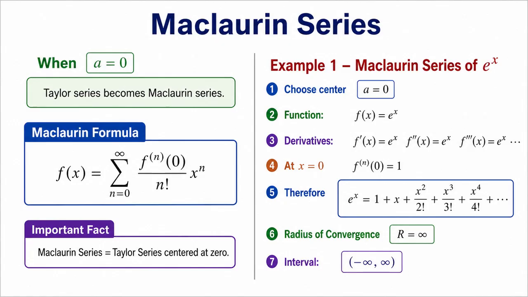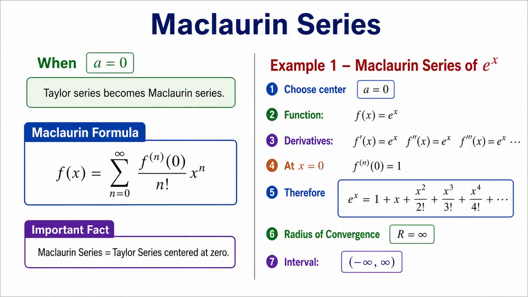Let us begin with one of the most important functions in mathematics, e to the power of x. A remarkable property of this function is that every derivative is equal to the function itself. The first derivative is e to the power of x.